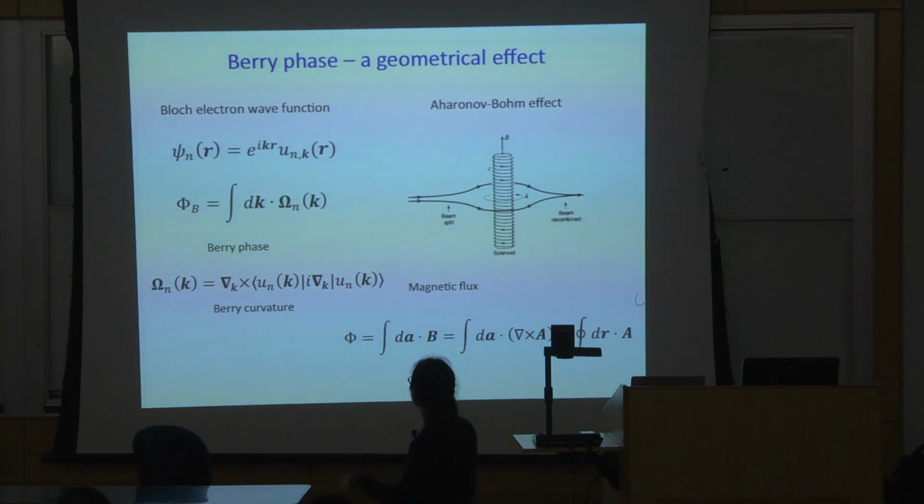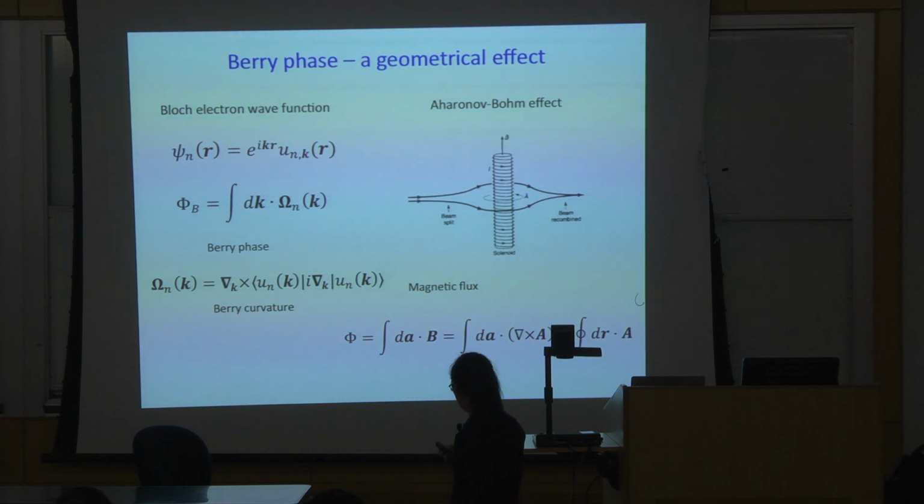In that case, I also pick up a phase, which is the integration of the magnetic flux-like quantity when I integrate in momentum space. So this is called the Berry curvature. And by construction, you can see this is fully equivalent.